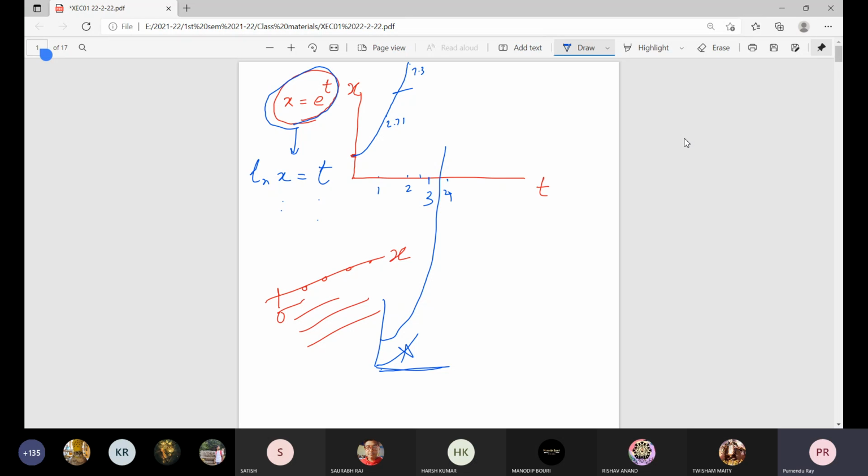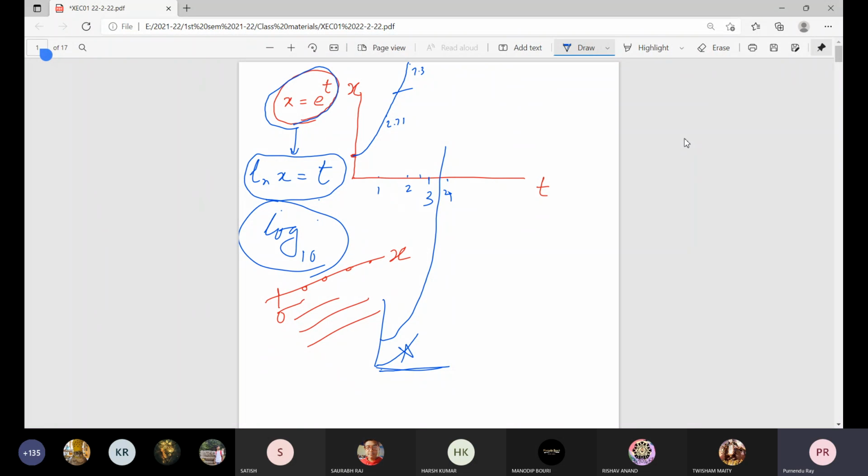But directly plotting these log values, either with respect to 10 or with respect to e, have you seen this type of graph paper? If you have seen it, say yes; if not, no. No, sir.